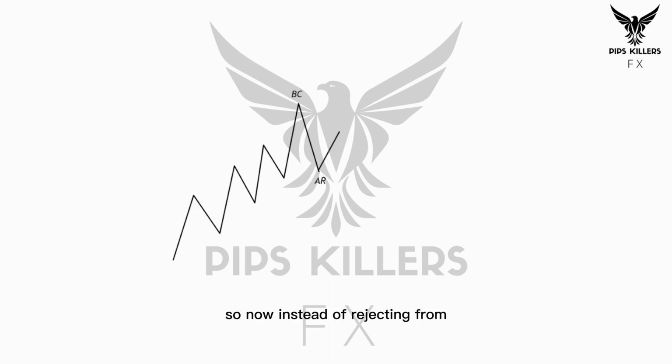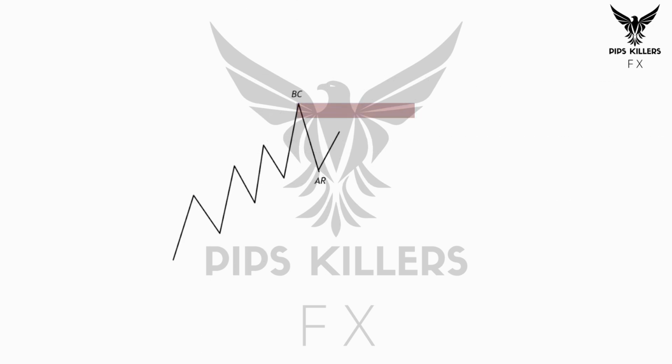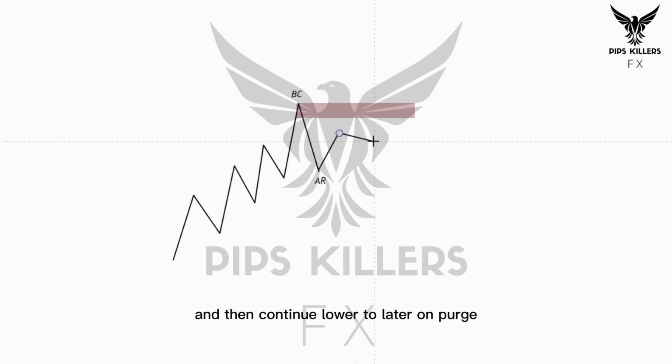So now, instead of rejecting from your buying climax here to form what we'd call a test and then continue lower to later on purge, price would run through it.